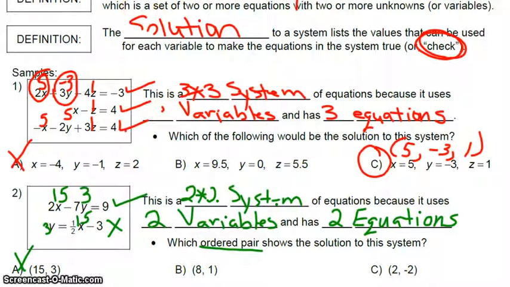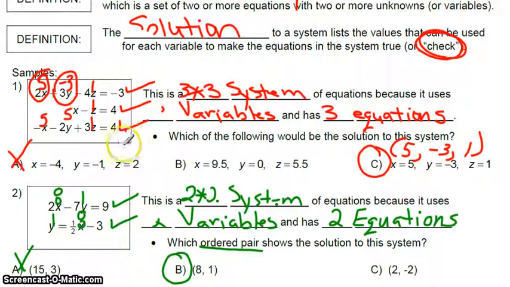All right, we're going to check it for B. I put 8 in for x, 1 in for y. 16 minus 7 is 9. I put 8 in for x, 1 in for y. Half of 8 is 4. 4 minus 3 is 1. B is correct. That is my correct answer.